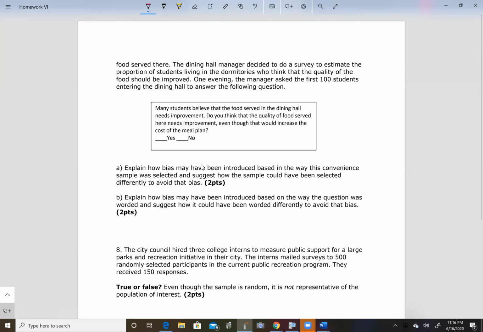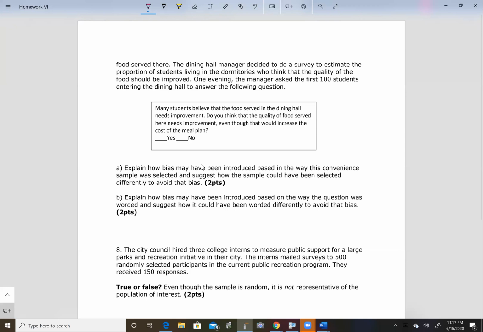So not only is it not a simple random sample, but he did it one evening. So maybe there's students that don't eat at the dining hall in the evening, maybe they eat in the morning. So he's only getting information about a specific set of students. What if the food in the evening was really good, but breakfast food was terrible? He would never know that that was the case.